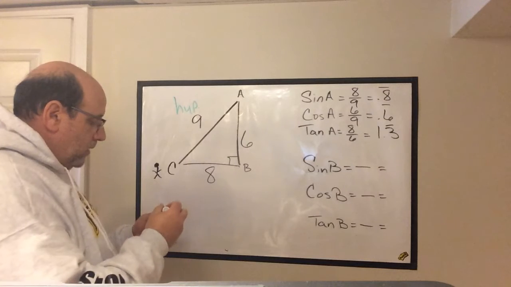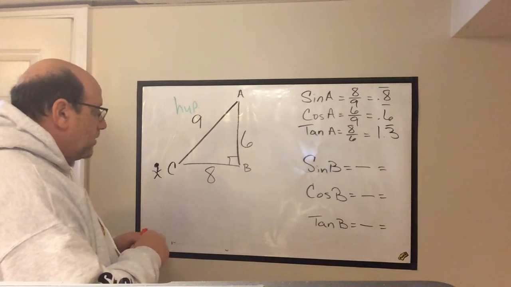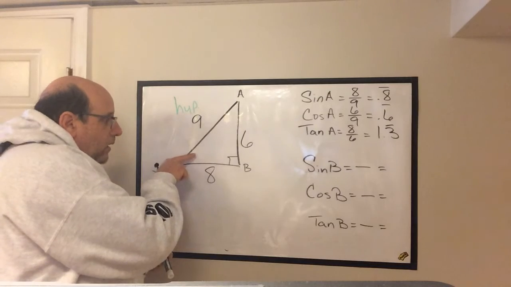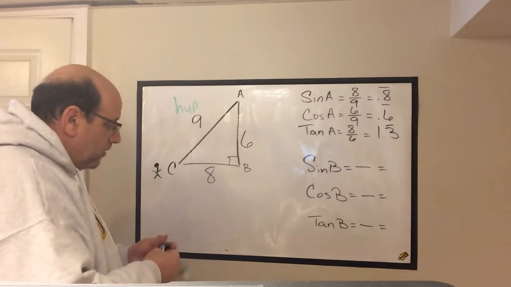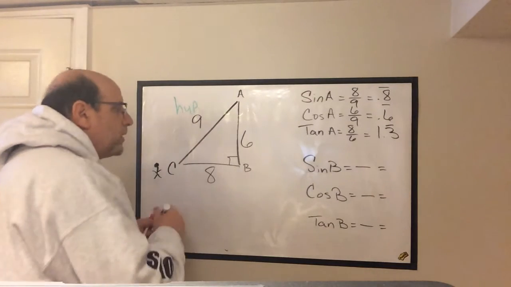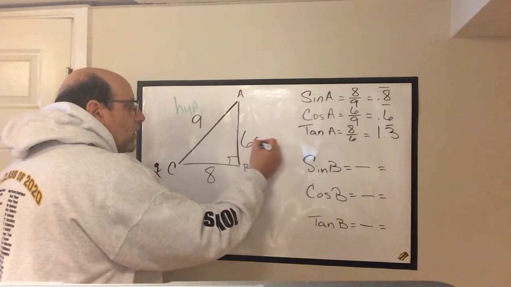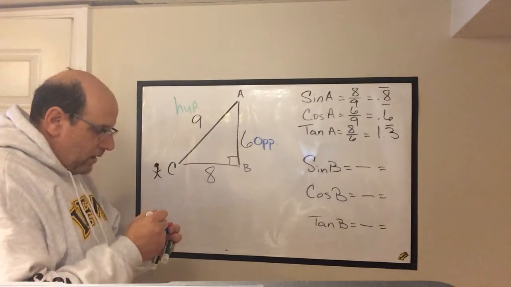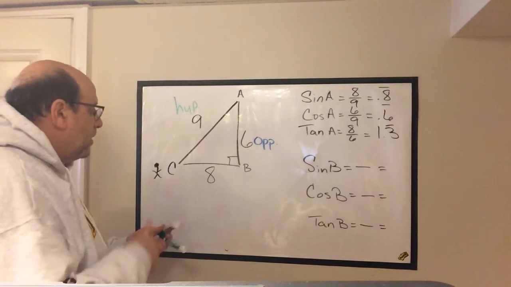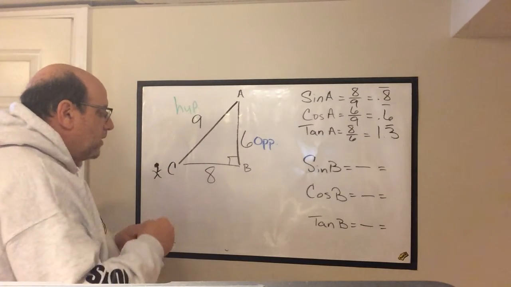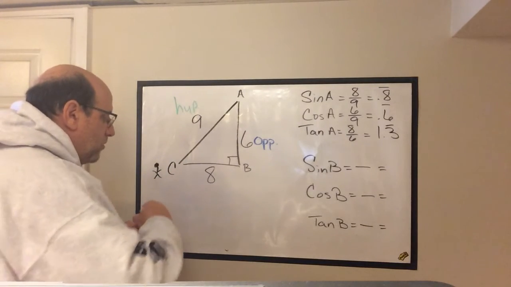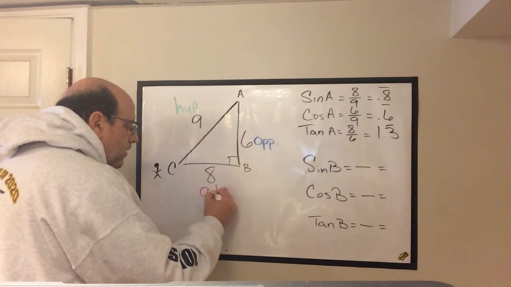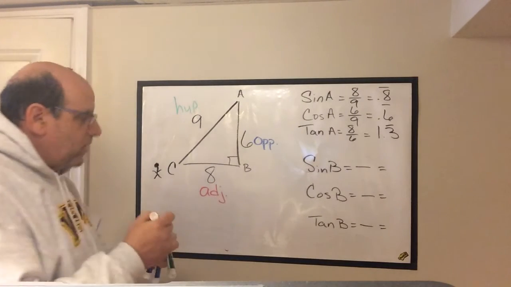Then I'm going to look at the side that's across from the angle. If it's across from it, it's on the opposite side, so we're going to call it opposite, and I'm just going to abbreviate it like that. And then last but certainly not least, it's the side that's right next to where the angle is. It actually joins and makes part of the angle. So we're going to call that adjacent and abbreviate it that way.